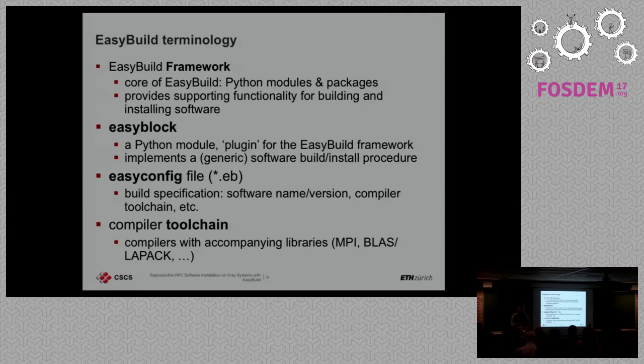Then we have easy blocks, which can be specific to a software, but mostly they are generic. So you have an easy block for applications that use configure make, for example. You have one easy block for that, and depending on the application you might need one as well. But mostly you use only the easy config file, which is a recipe that is not generic.